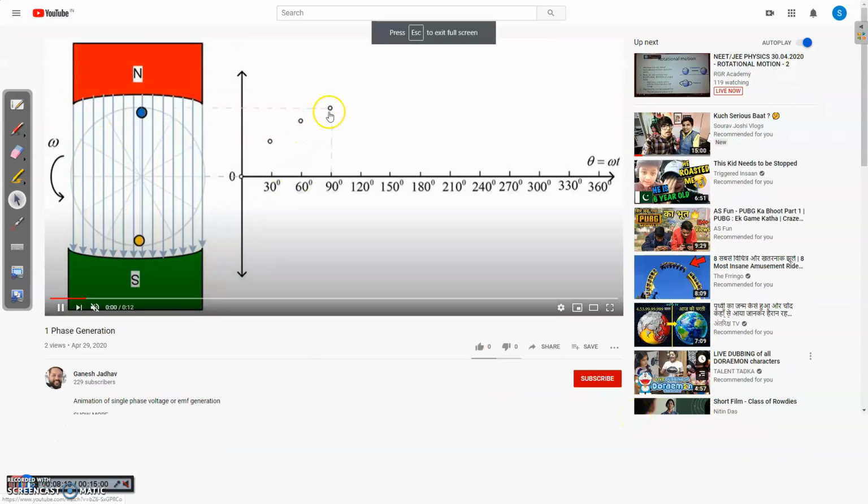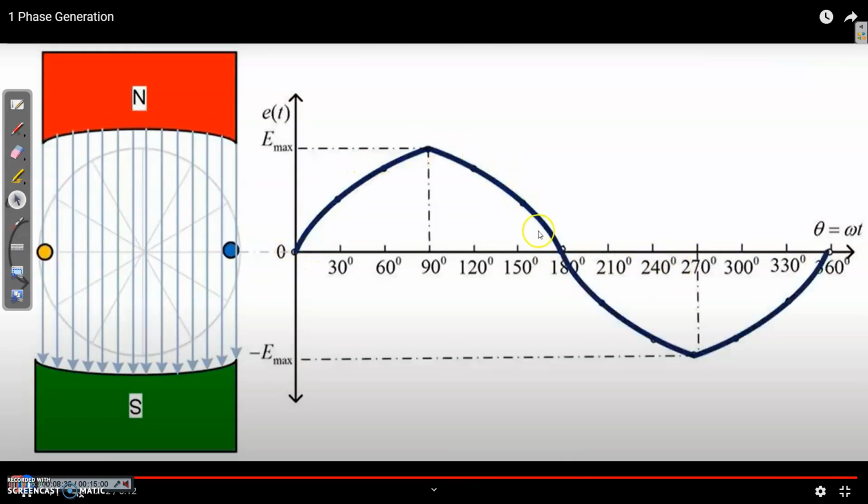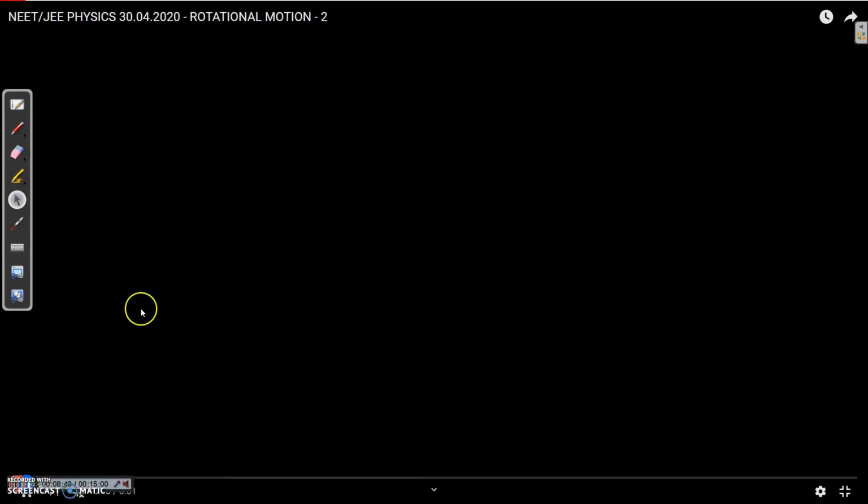See, 30, 90, 120, 150, 180, 210, 270, 300, 330 and 360. If we plot this, this will give you the instantaneous EMF. See how the EMF is induced in this coil. This is the EMF induced in this coil at various positions. If we consider the linear graph, that will be my EMF induced inside this coil.